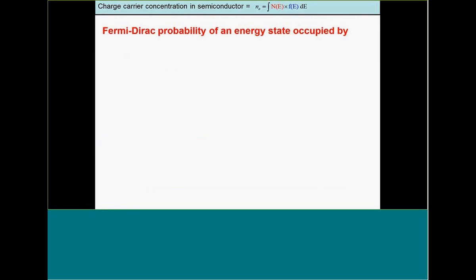So now we are using the Fermi-Dirac probability of energy states occupied by an electron, where we can write our probability F as a function of E as 1 over 1 plus e to the power of (E minus EF) divided by KT.